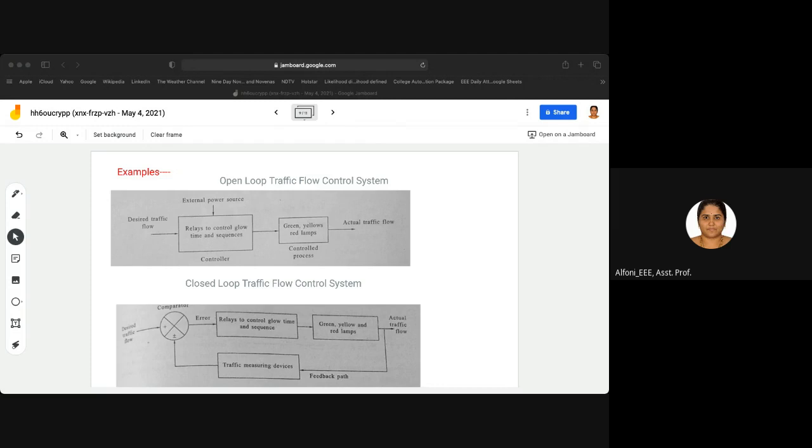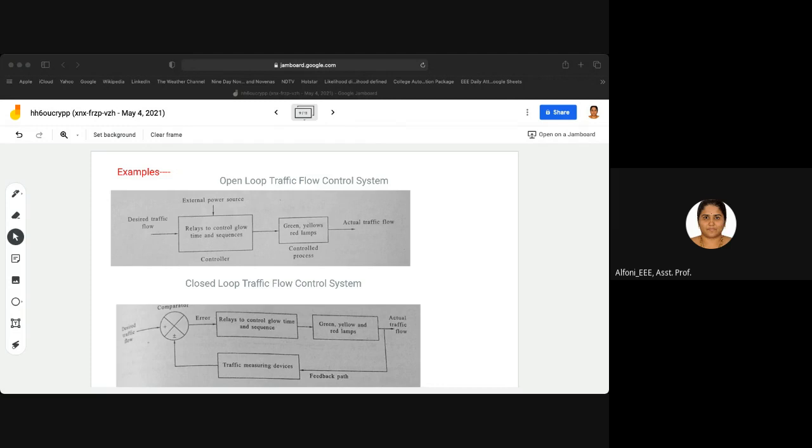So now let's move to the other part, that is the closed loop. Let's see how a closed loop works in the same scenario. Here you can see in the block diagram the closed loop system which uses the control. Here, using a closed loop path, we are controlling the traffic flow.